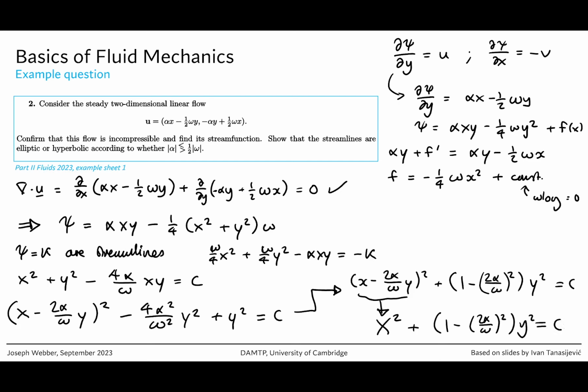And this looks a lot like an ellipse if this term here is positive. It looks a lot like a hyperbola if this term here is negative. And these two correspond to the two cases where mod alpha is either greater than or less than 1/2 omega. Great. So we've shown that.